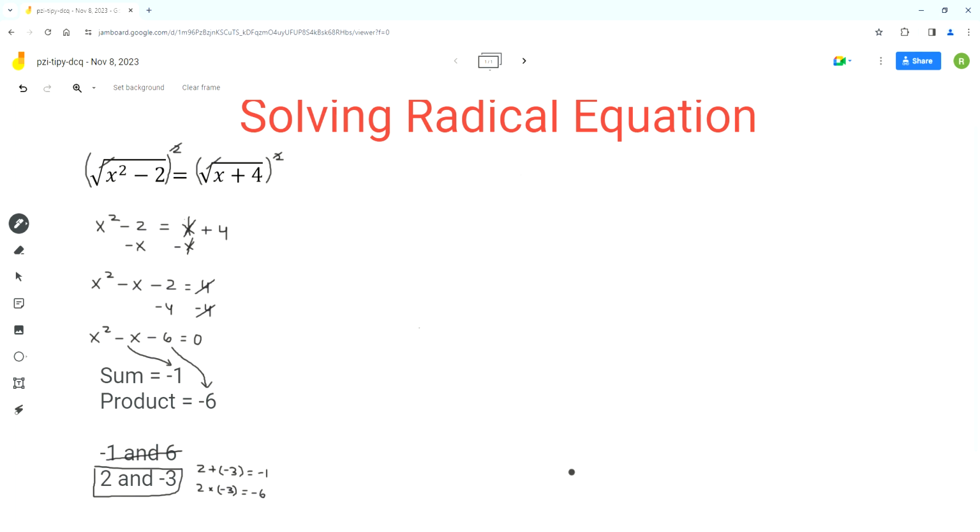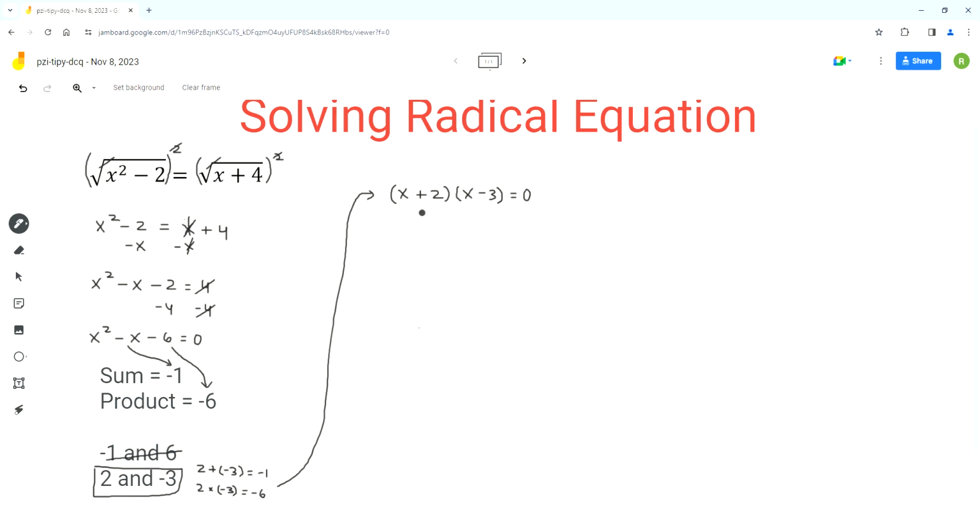So now we can write our factored form. So our factored form for the simple trinomial is x plus 2 in parentheses, and then another one, x minus 3 is equal to 0.